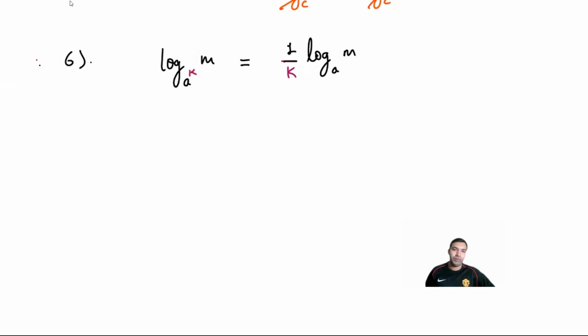Whenever we have the log of some number to a base and the base has a power, the power of the base can be written in the denominator, in front, with the multiplication sign.